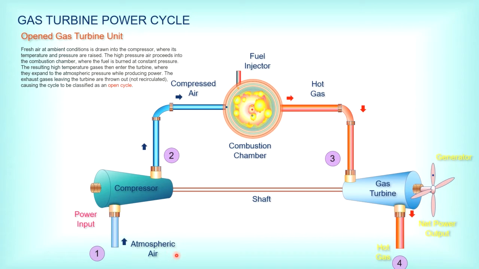The air is sucked in from the atmosphere or the surroundings, and then it undergoes a number of stages where the pressure and temperature are brought up, and then it will be directed to the combustor where it mixes with fuel. Due to high pressure and high temperature, the mixture will be burnt.